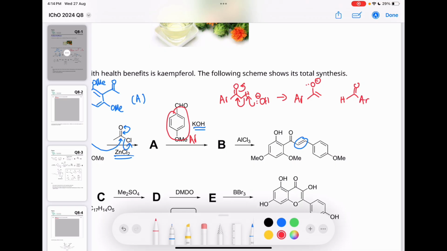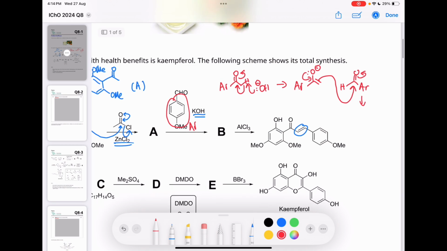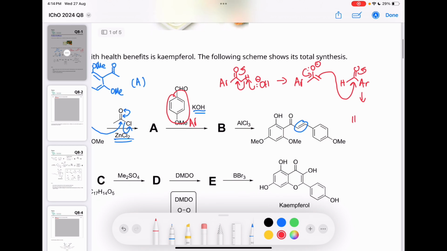This enolate ion can then attack this carbonyl group, which is highly electrophilic. Please take note to count your carbons really carefully. So this is your O minus, this is your Ar group.